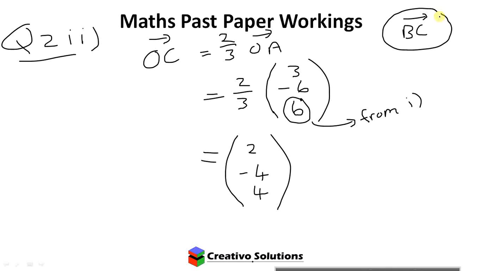So to find BC, it is C minus B. Yeah, C minus B.